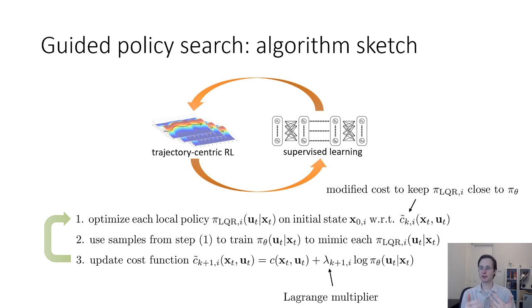Repeating this process, every step of the way, each πLQR would improve because it's taking one more step of that LQR-FLM algorithm. The πθ would improve because it's being supervised with more good data. And the πLQR solutions would learn to stay closer to πθ because the constraint term is being added to their costs, c̃. So that's the basic sketch of the guided policy search algorithm.